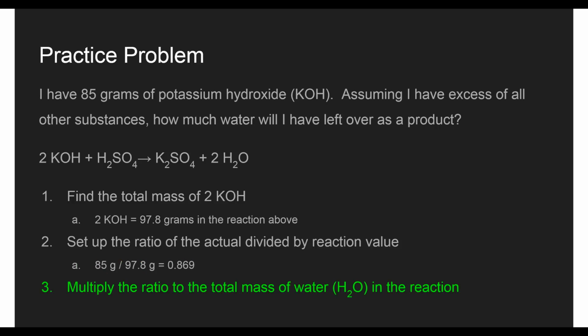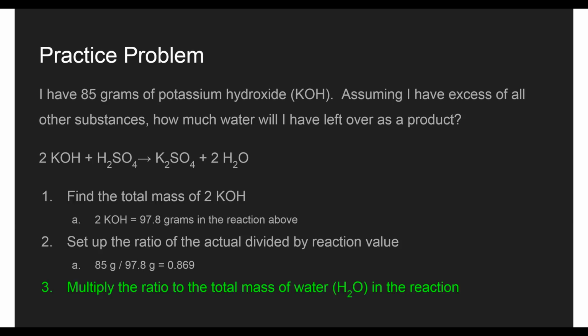Our third step that we have to do is we have to multiply now that ratio to the total mass of water, and again, H2O, in the reaction. So again, that's total mass, so that means we got to find 2H2O, the total mass of that, and we multiply it by a ratio, right? So this ratio that we have up here is really telling us that we'll have 0.869 of the actual, and if you converted that into a percentage, it would be basically 86.9% of water is what we'll have for the reaction, right?